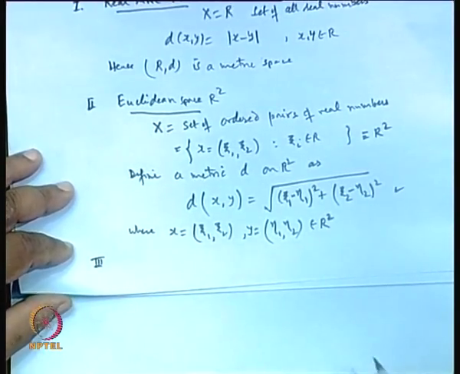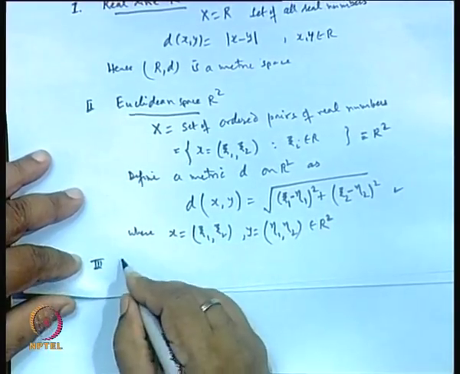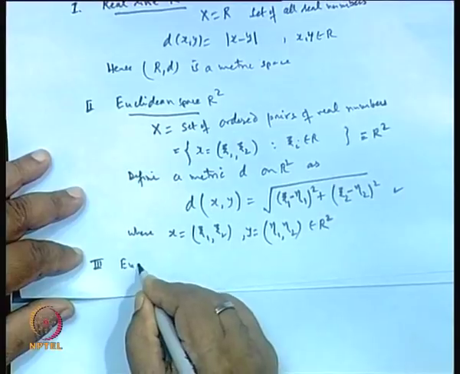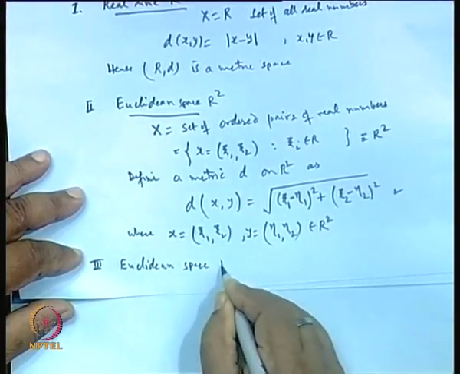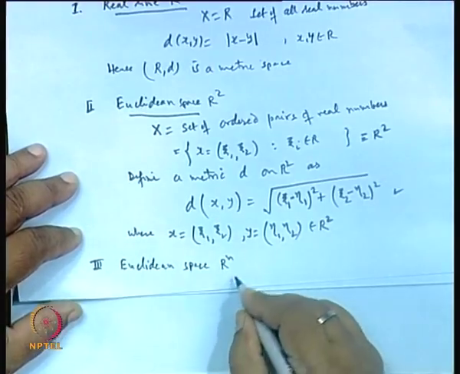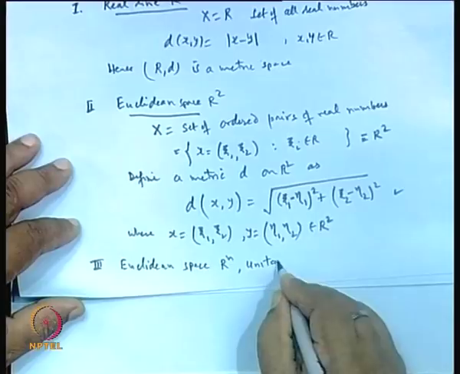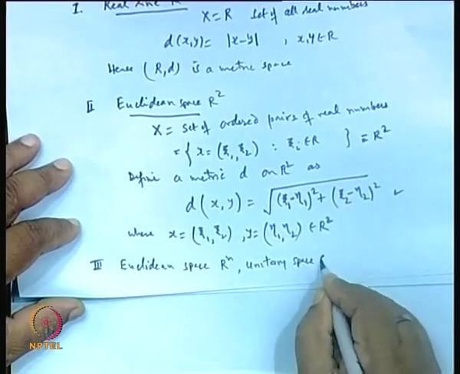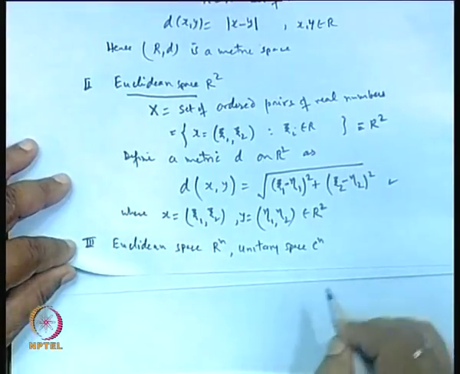When the points are complex numbers, then we get the unitary space. So, we generalize this and we get Euclidean space Rn and unitary space Cn. When n is 1, we get C.